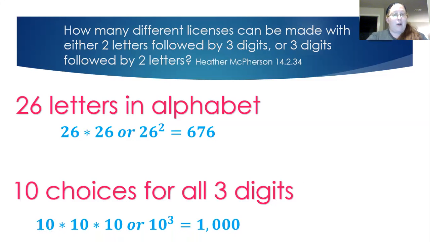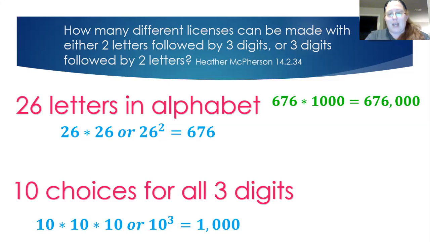Okay, that lets us know how many letters and digits, but how many license plates can we make? For the 2 letters followed by 3 digits, you'll do 676, multiply that by 1,000, you get 676,000. So there are 676,000 combinations that can be made with 2 letters followed by 3 digits.